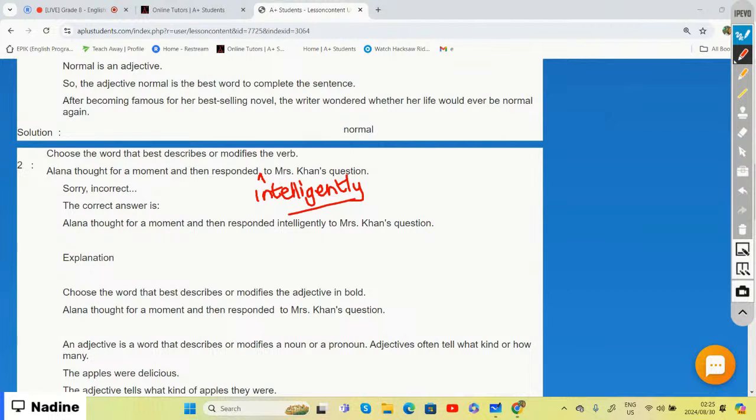So that means that intelligently is an adverb that ends in ly, and intelligent would be an adjective.